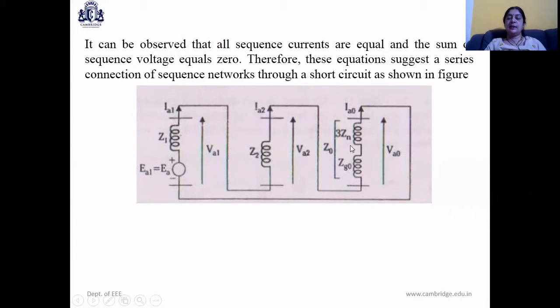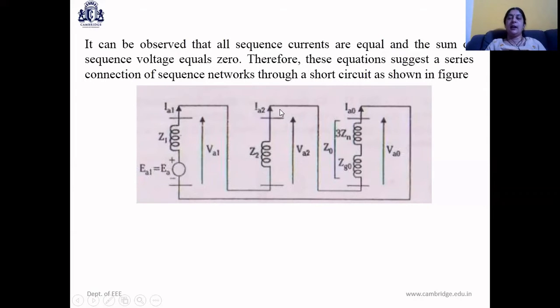And the zero sequence network having the value Z0, the zero sequence impedance, which is made up of the zero sequence impedance of the generator and 3 times the neutral reactance put together, the zero sequence impedance through which the current IA0 flows. So this is the positive sequence network, negative sequence network, and zero sequence network of the given synchronous generator.